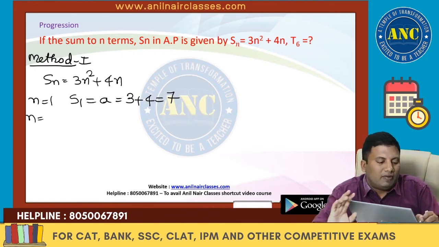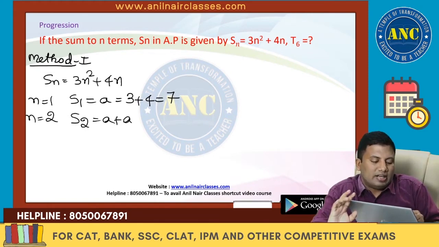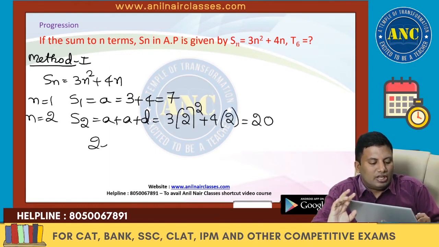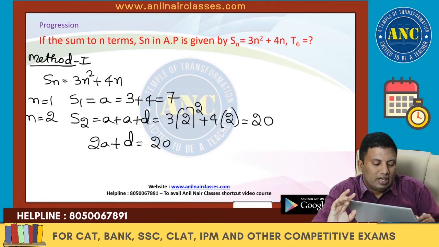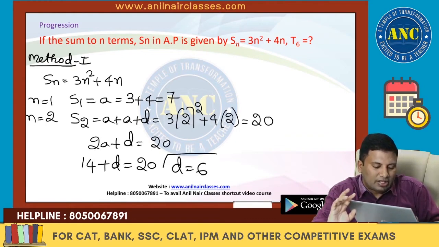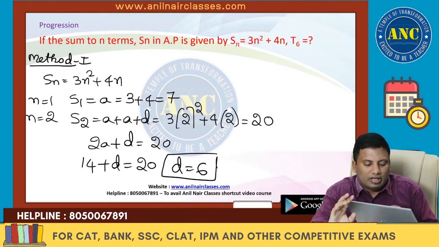If I put n value 2, the sum of two terms is the first term A plus the second term A plus D, which is 3 into 2 square plus 4 into 2, which is nothing but 20. So 2A plus D is nothing but 20. 14 plus D is nothing but 20. D value is nothing but 6.